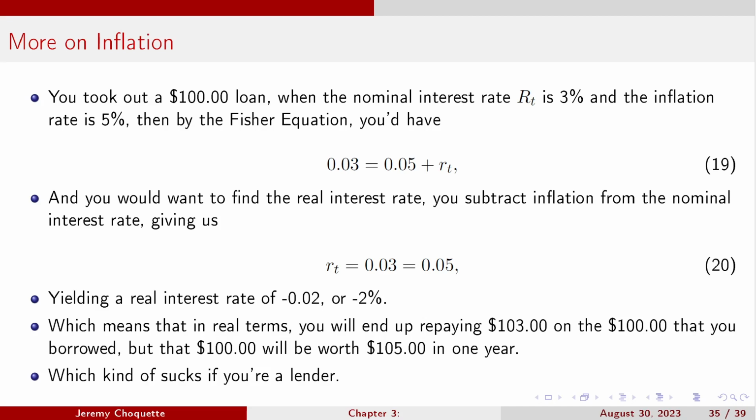There's a little oopsie there. So you get a real interest rate of negative 2%, which means that in real terms, you end up repaying $103 on that $100 loan that you borrowed. But that $100 is actually worth $105 in 1 year, which sucks if you're a lender because you actually lose out on purchasing power when you're getting repaid.